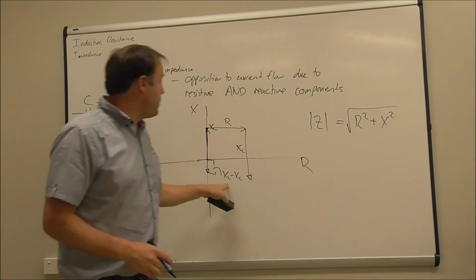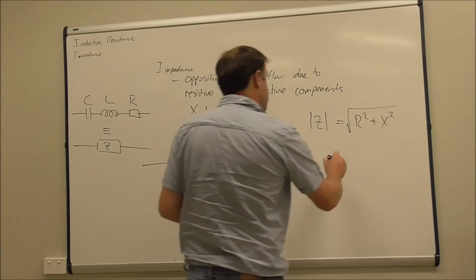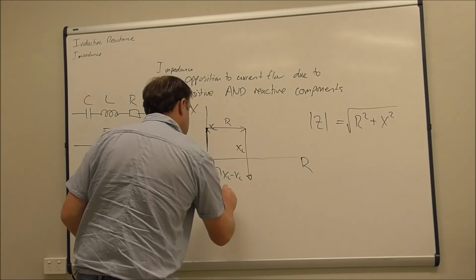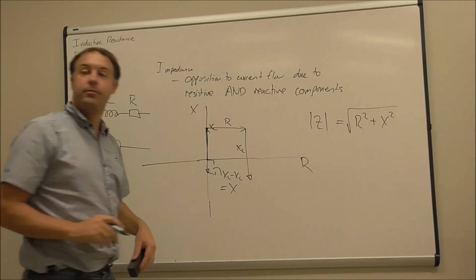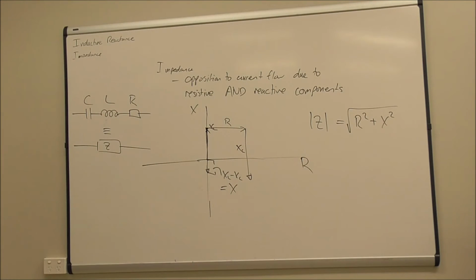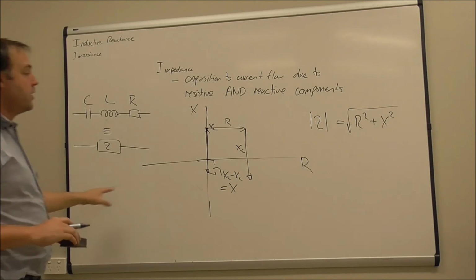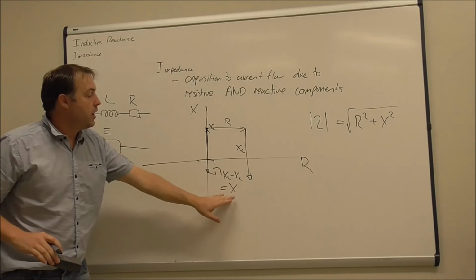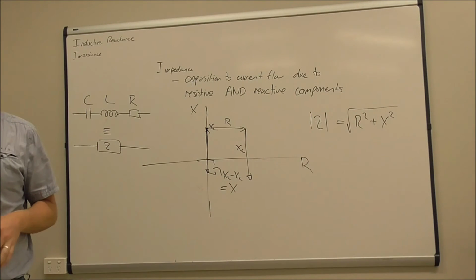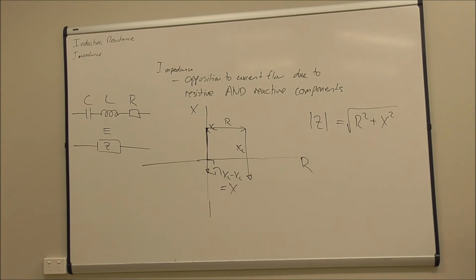And so we can say that this is just X. So when we just talk about the total reactance, we don't necessarily need to refer to it as being capacitive or inductive because it's combined. So you can refer to it as just being X, the reactance. So that reactance there is simply the difference between the inductive reactance and the capacitive reactance.